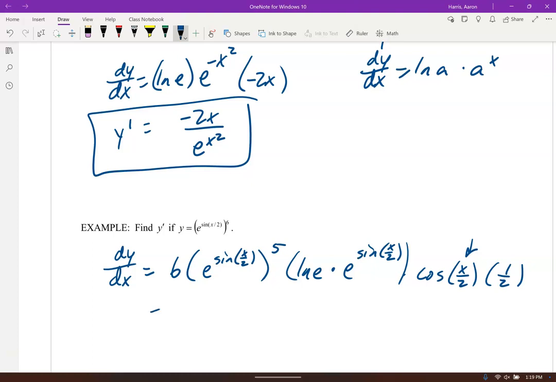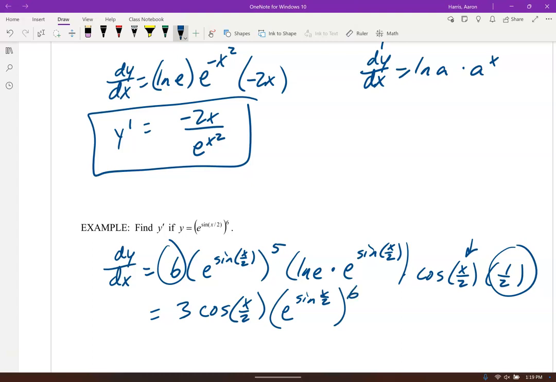Well, 6 times 1/2 is 3. Right? I multiplied 6 times 1/2 there. And then I'm going to go ahead and put my cosine of x over 2 next. I know the natural log of e is just 1, right? So I've got e, and let's see, what else am I missing? E to the sine of x over 2, but I don't have just 5 of these now, I have 6 of these now.